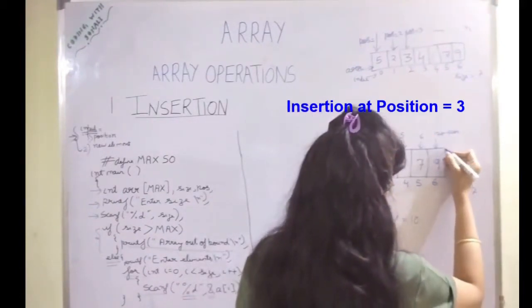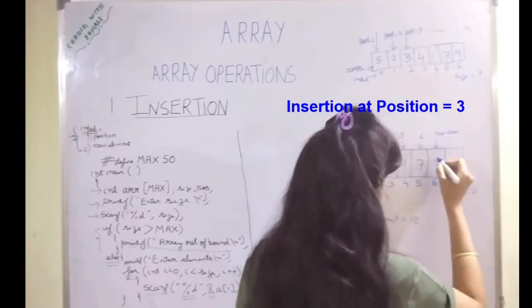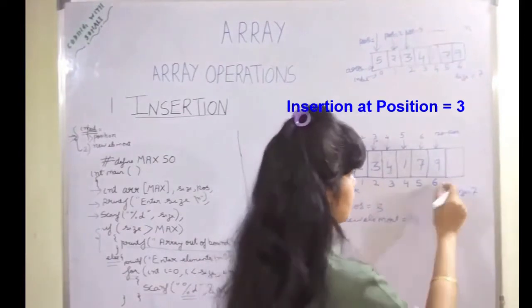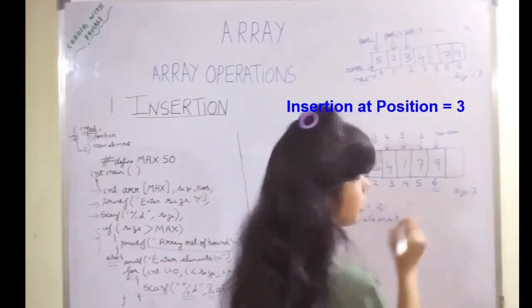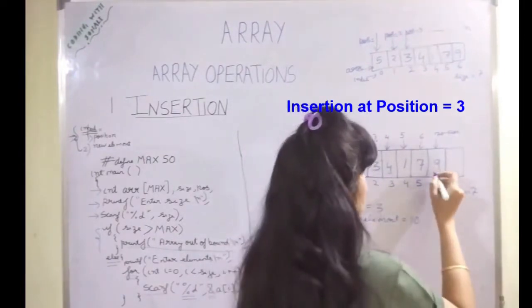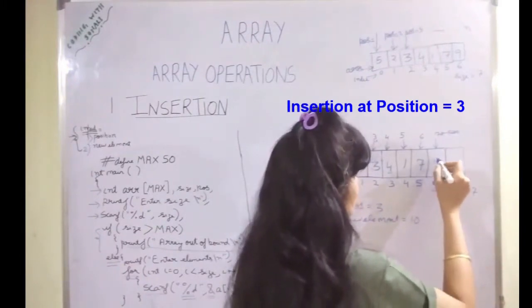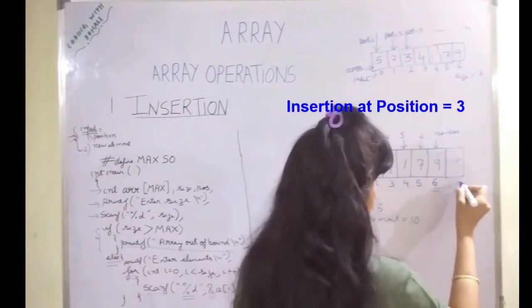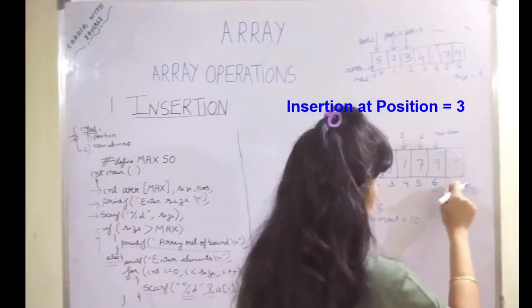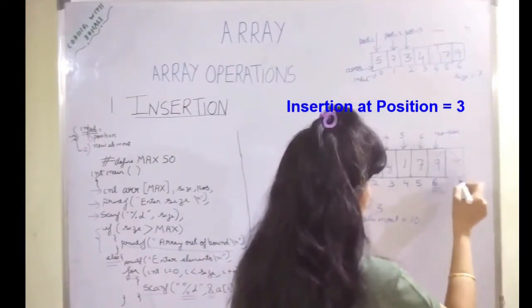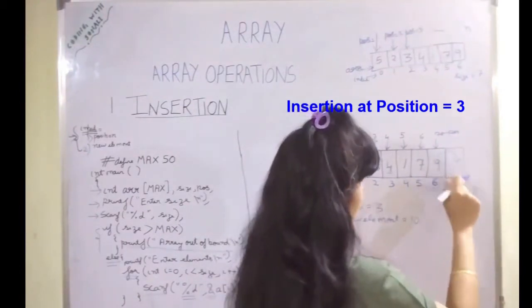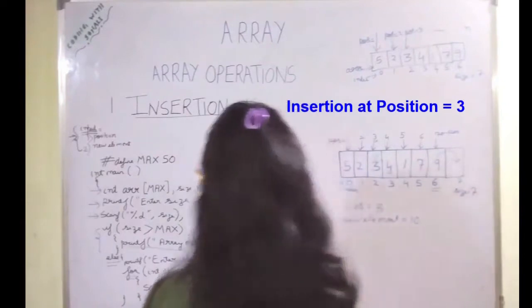We will try to shift this 9. First of all we will start from the end. The end is at index 6. We will try to shift this 9 element to the next position by 1. So at index 7 we will shift this 9, because after 9 there is nothing present and the capacity is 50.